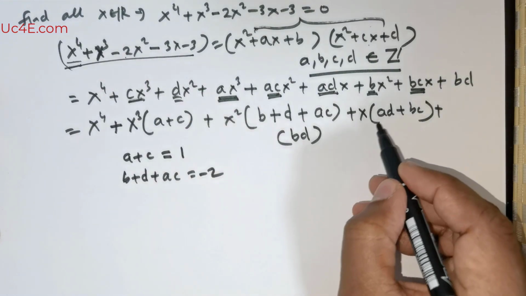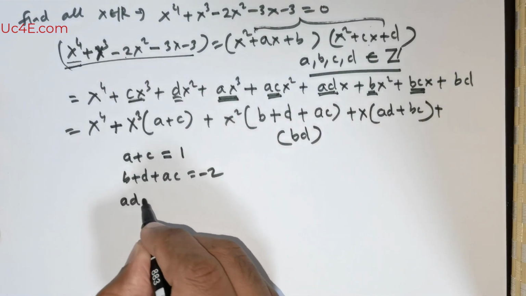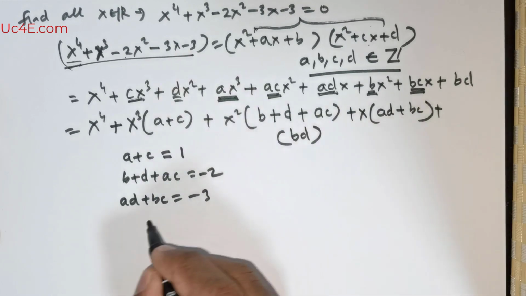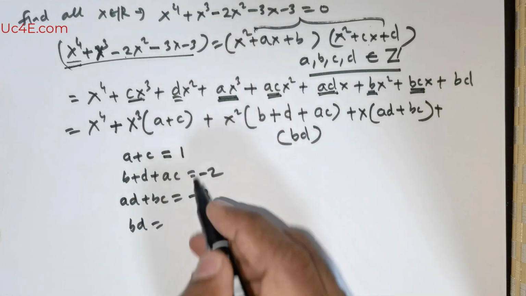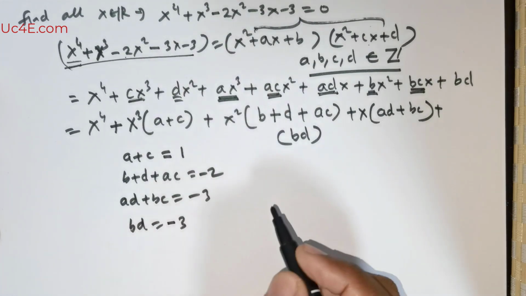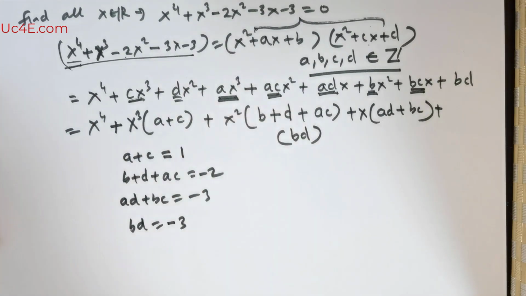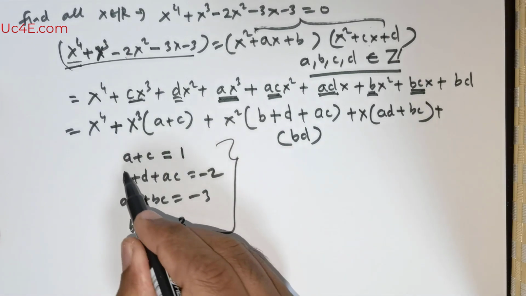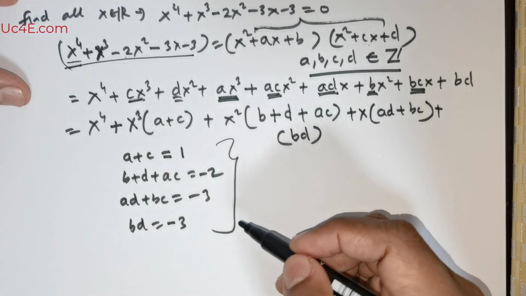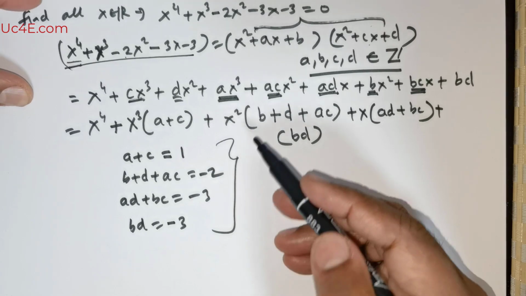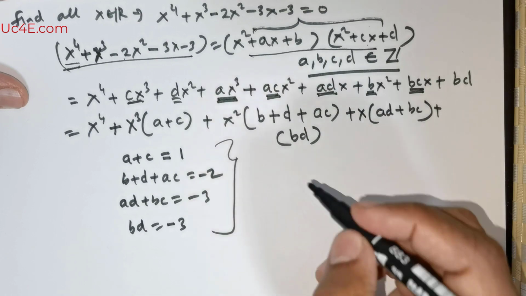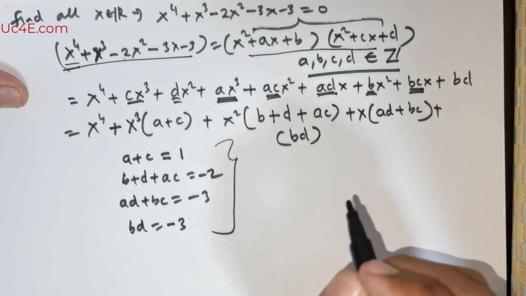For the x term, ad plus bc is negative 3, and the constant term bd is equal to negative 3. So this is what we have got. Now the objective is to extract the values of a, b, c, d. Once we extract them, we will be able to substitute them over here, solve, and then find the values of x. So that is the main objective.